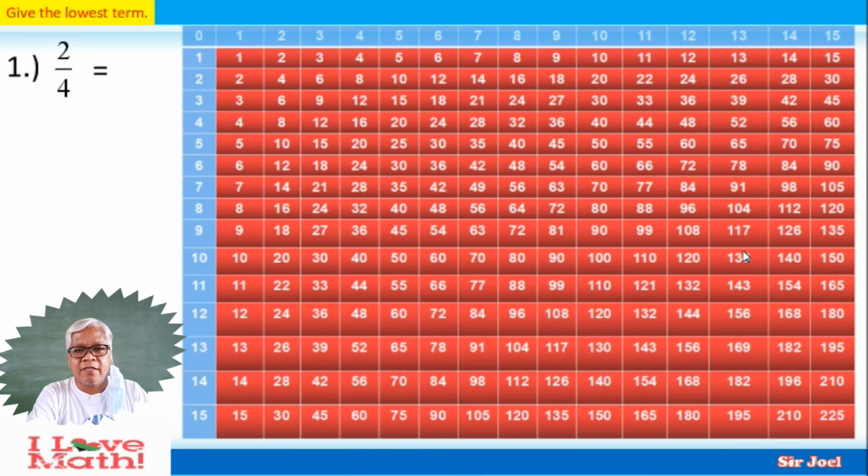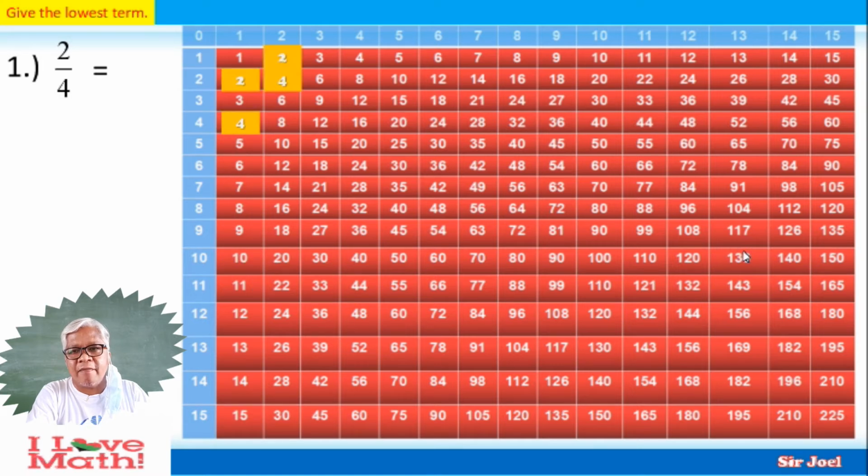Example number 1, 2 over 4 or 2/4. Well, kung titingnan natin ito sa table, yung 2 over 4, looking at column 1, basically, kasi alam naman natin na lahat ng numbers ay may factor na 1. Nasaan kaya itong 2 over 4? So, tingnan natin sa column 1.